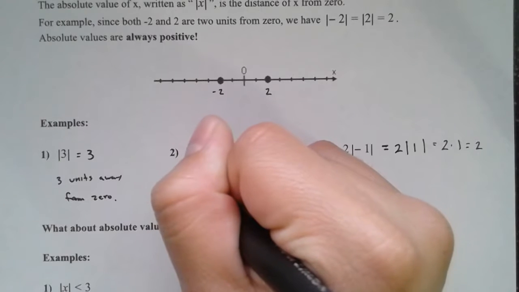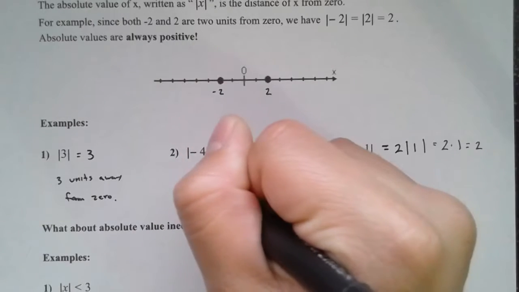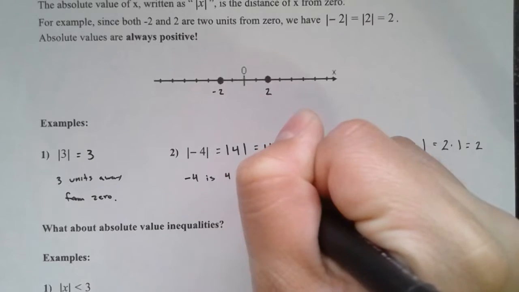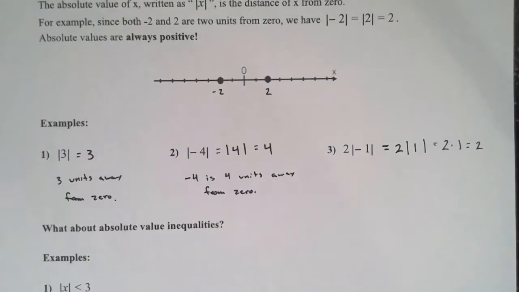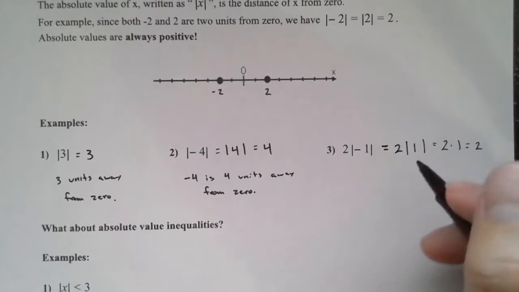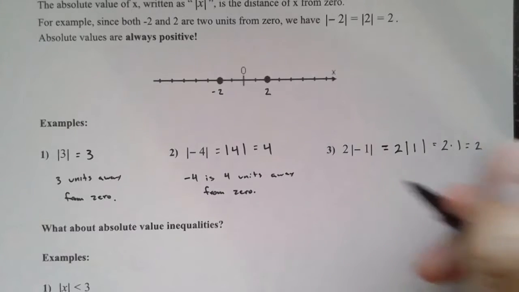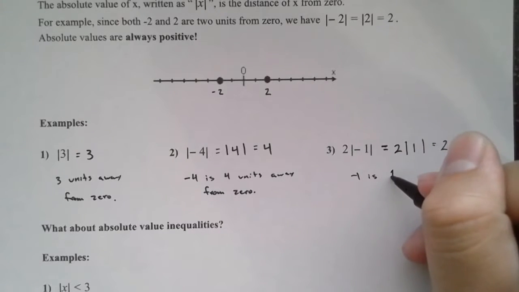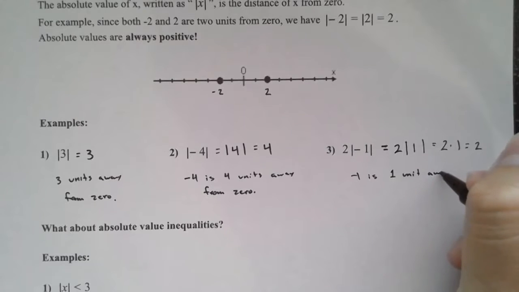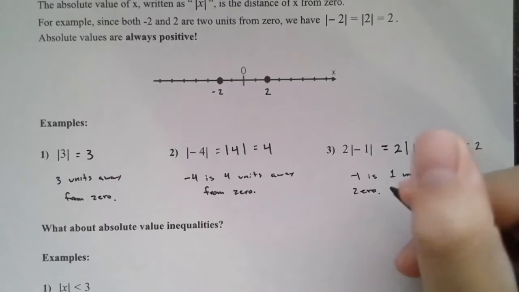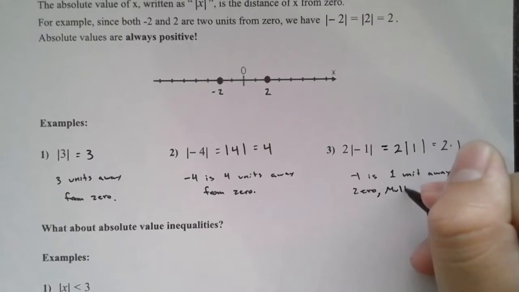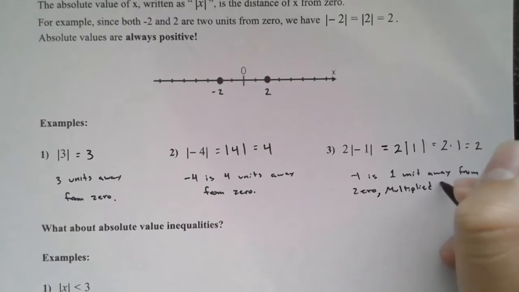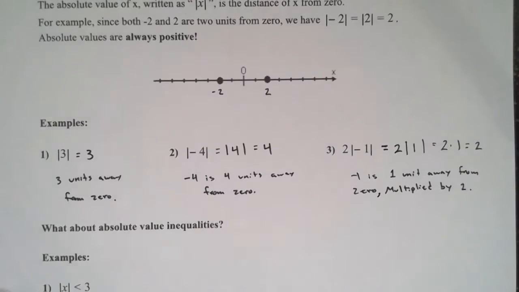This one, -4, is 4 units away from 0, and then this one would be that -1 is 1 unit away from 0, multiplied by 2, and that gives you 2.